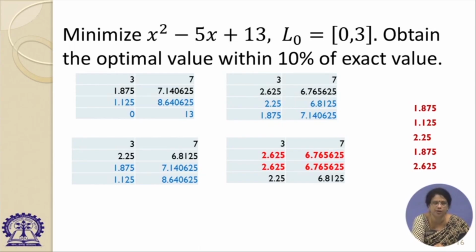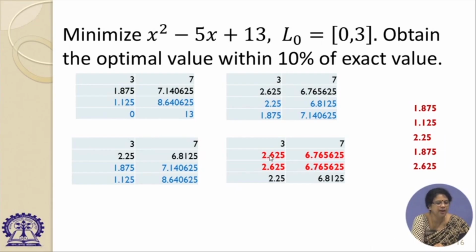We know how many operations we need to do in the Fibonacci method. That is why again we are eliminating the region, here there cannot be any minimum, the functional value is increasing, and we could see at 2.625 both points' functional values are almost the same. Alright, that is why we can declare this is the optimal solution of this problem.